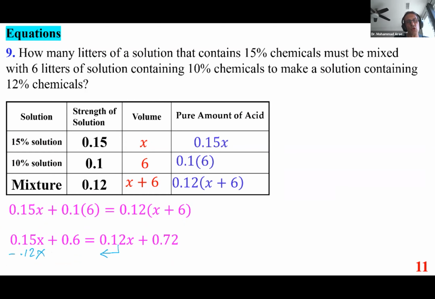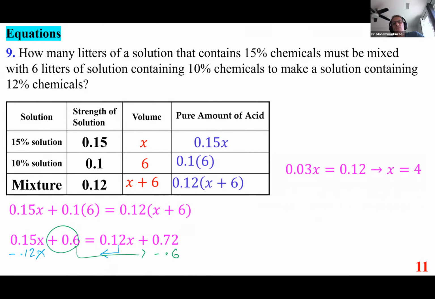We're going to subtract 0.12x. We're going to subtract 0.6, and we end up with 0.03x equals 0.12, division by 0.03 results in x being 4.